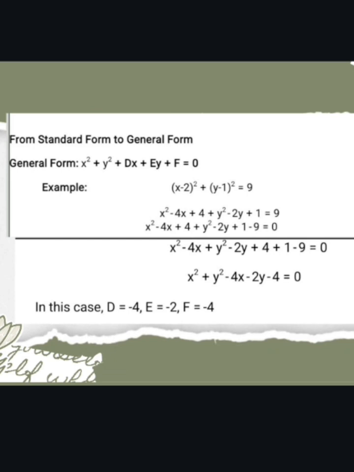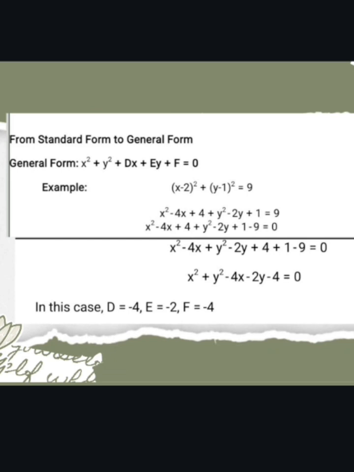Kung atong i-convert into general form, atong buhaton, atong i-expand. Di ba? Square of a binomial man na siya. So, atong i-expand. Instead nga x minus 2 squared na siya, mahimo na siyang x squared. So, pwede na mo gamit og FOIL method. So, x times x is x squared. Then, x times negative 2, negative 2x, then twice man na siya ang middle term.